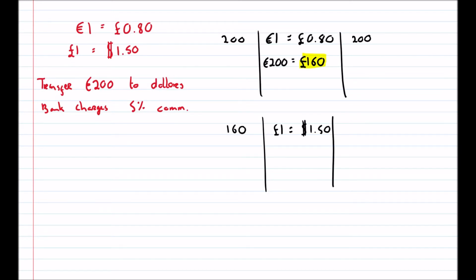I want to see how many dollars I can get for 160. So multiply that by 160 and I will get 240. So I'm getting that many dollars. However, they're charging commission. So before I get to keep my $240, I have to find out what 5% of that is.